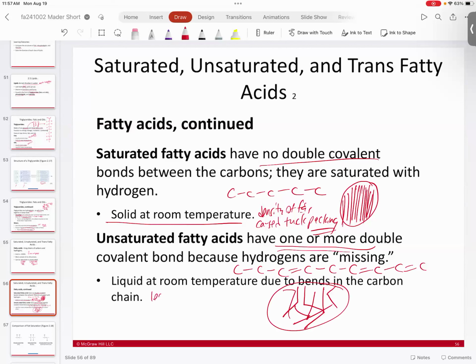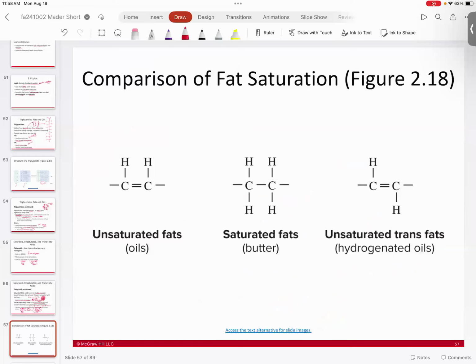So you have less density, less packing, and more fluidity in the tails. This is kind of what it looks like.